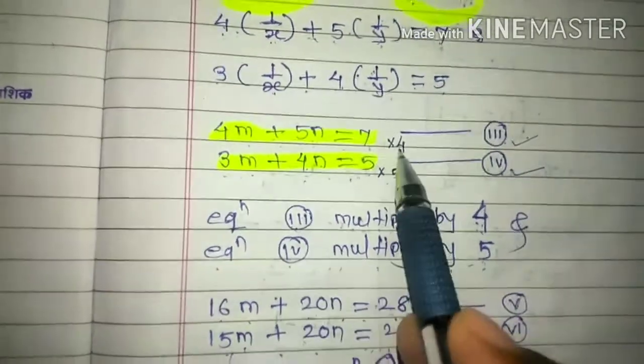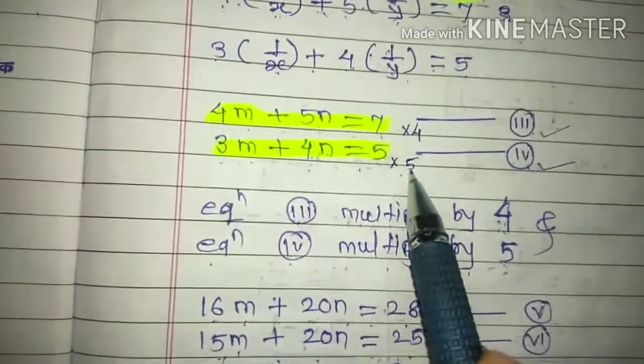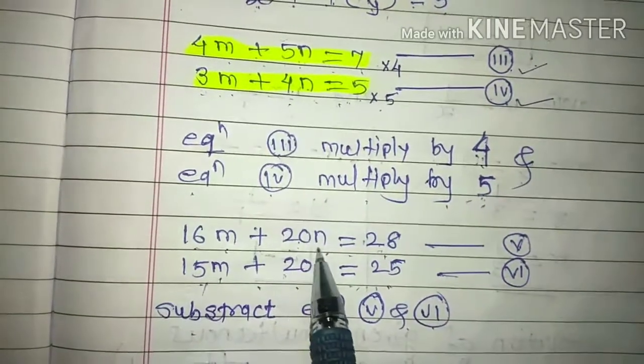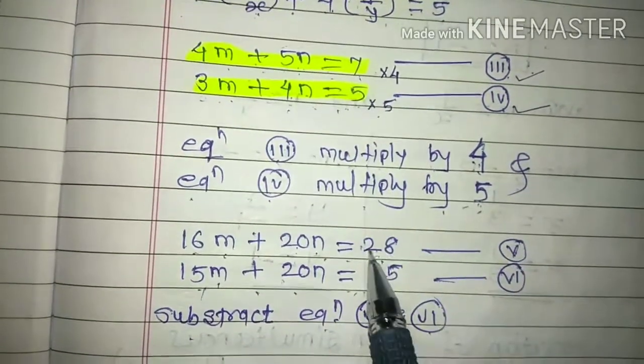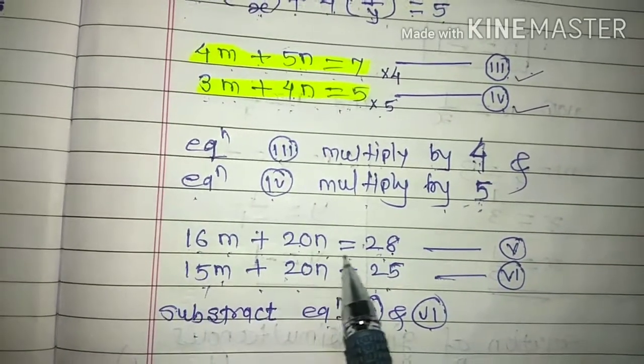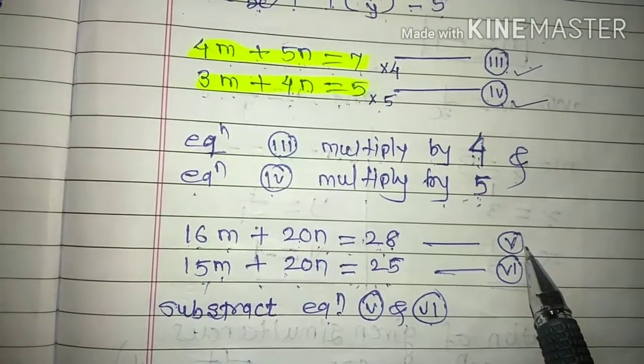After that, 4 into 4, 16m, 4 into 5, 20n, 4 into 7, 28. Now 16m + 20n = 28. This is equation number 5.